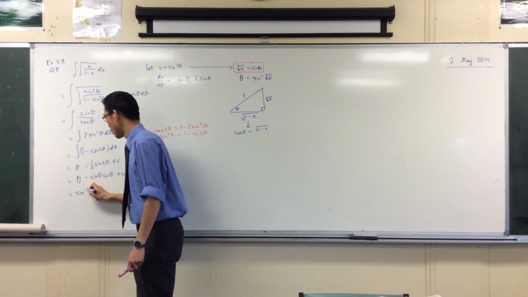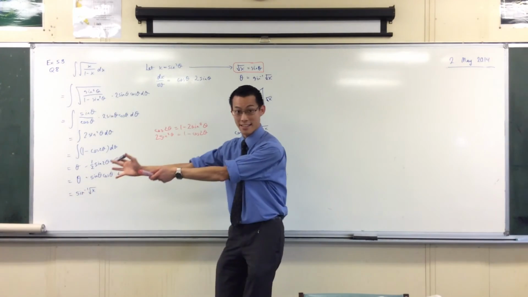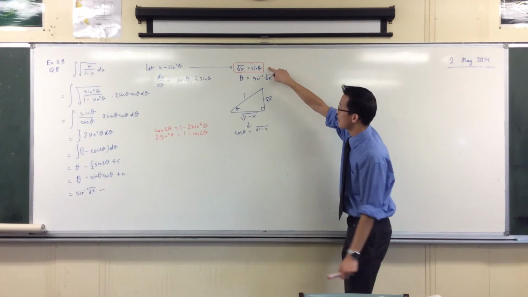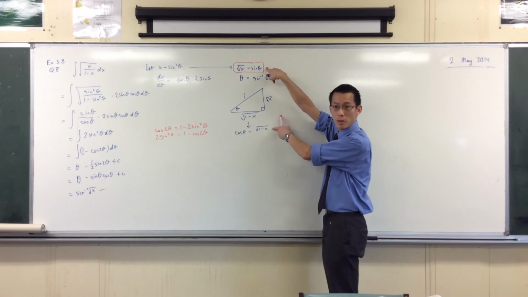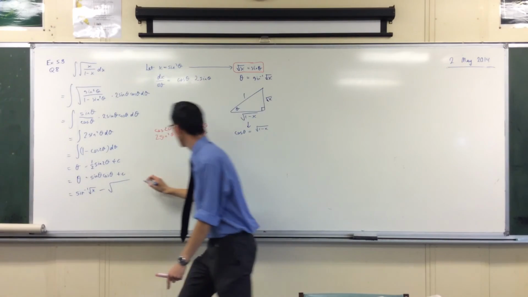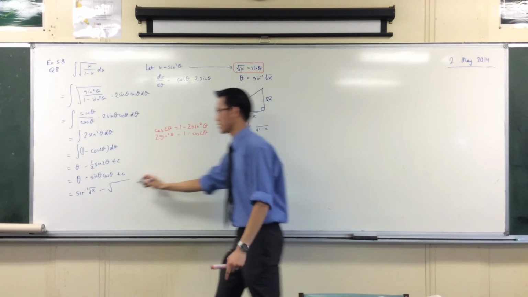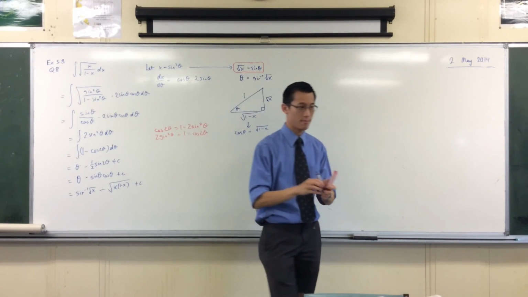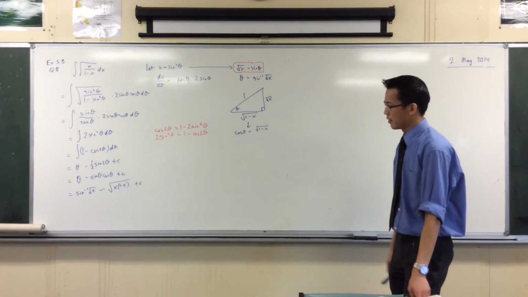Sine inverse of root x, just taking that positive case, minus, now there's sine theta and there's cos theta, they're both square roots, aren't they? So I can just put the square root over the whole thing, like so. There's an x and there's a 1 minus x. Plus c. I'm home. Okay.